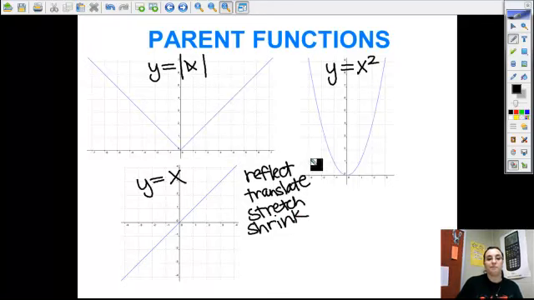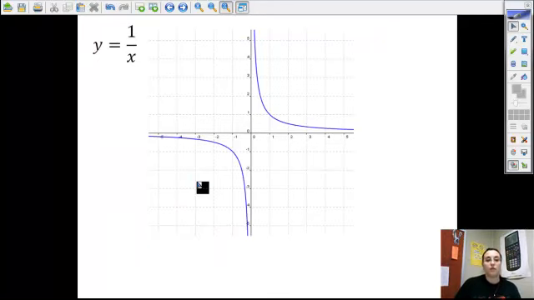So we're going to talk about rational expressions and what its parent function looks like. The parent function is y equals 1 over x. And what I want to show you is the asymptote, that vocabulary word that we talked about before, where the graph will approach but never actually touch.